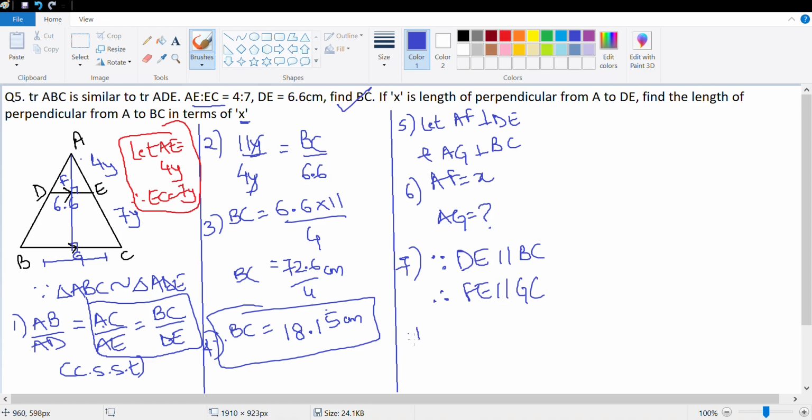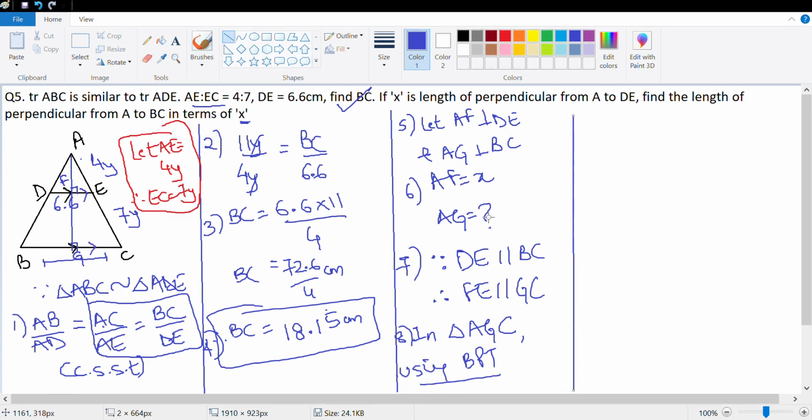Therefore in triangle AGC, using the basic proportionality theorem, because FE is parallel to the third side of the triangle, GC, I can apply the basic proportionality theorem, which says AF upon FG would be equal to AE upon CE.